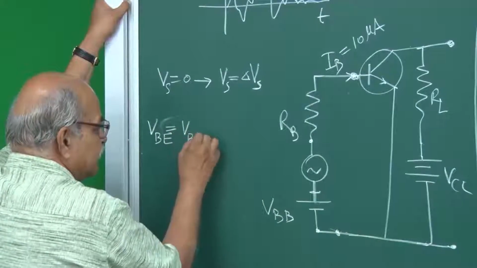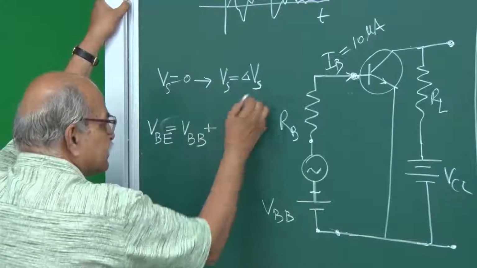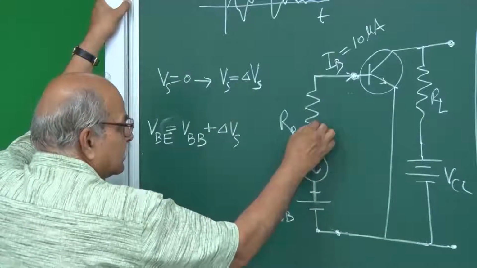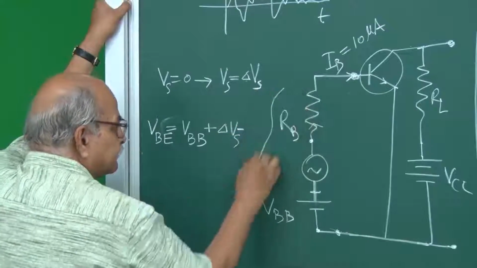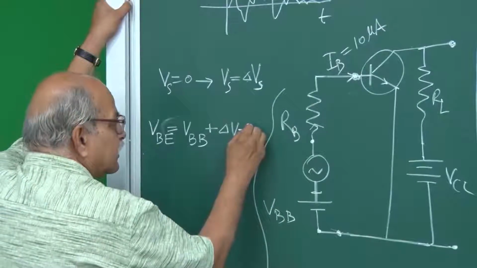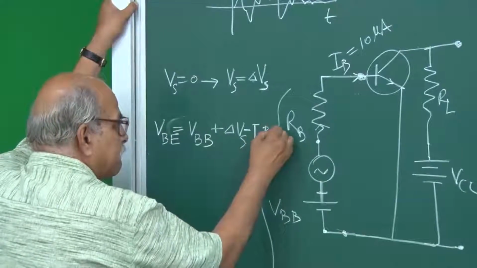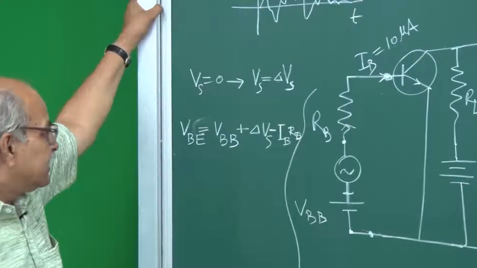So it is VBB and then plus Vs, which is delta Vs here, and then how is the current? The voltage is dropping, so it is minus IB into RB.